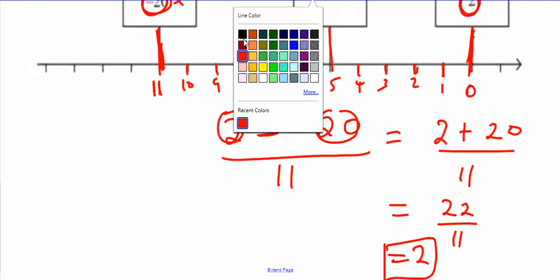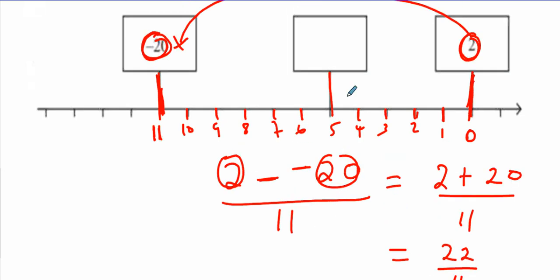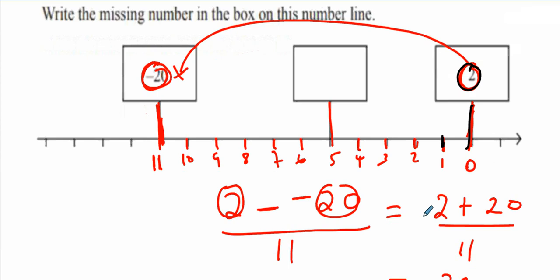It means that from 2 to this number here, you have to do 2 minus 2. So what is 2 minus 2? That's 0. So from here to here, this is already a 0.